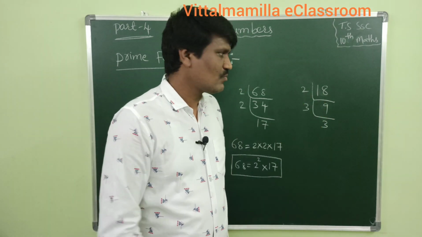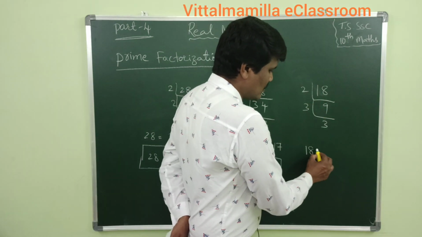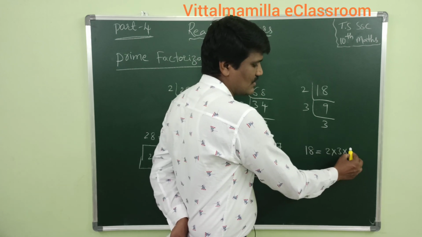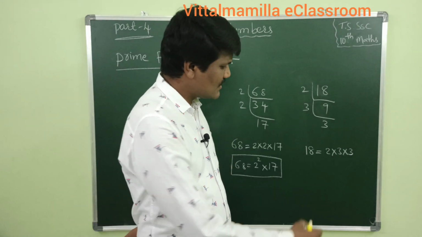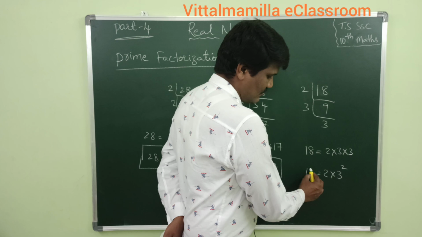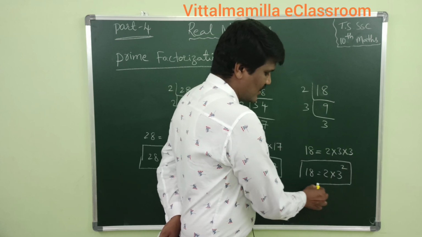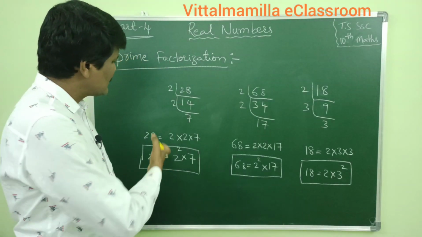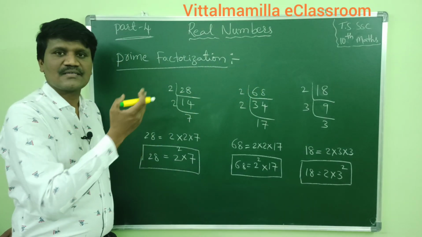So 18 is equal to 2 into 3 into 3. It is nothing but 2 into 3 square. So the prime factorization of 18 is 2 into 3 square. This is the way how to do the prime factorization of a given number.